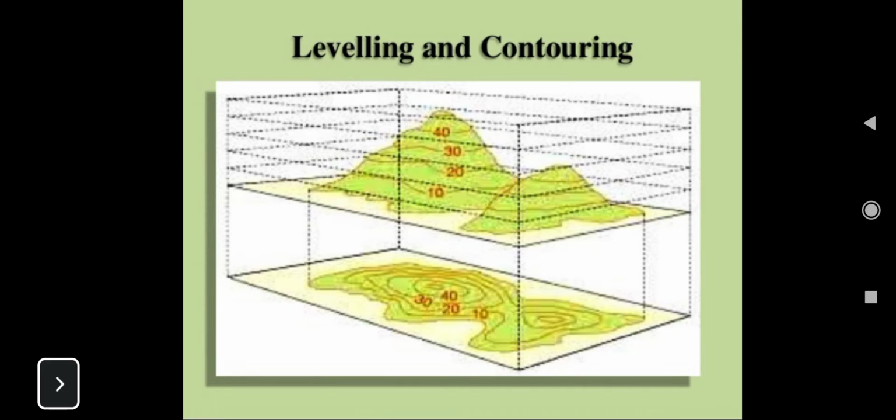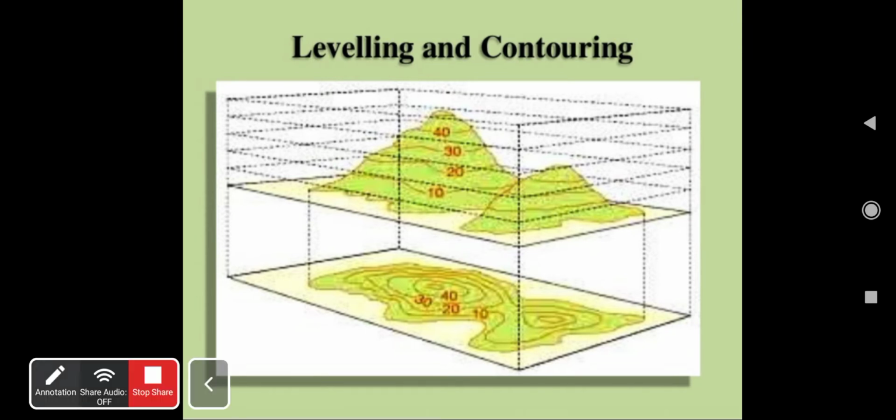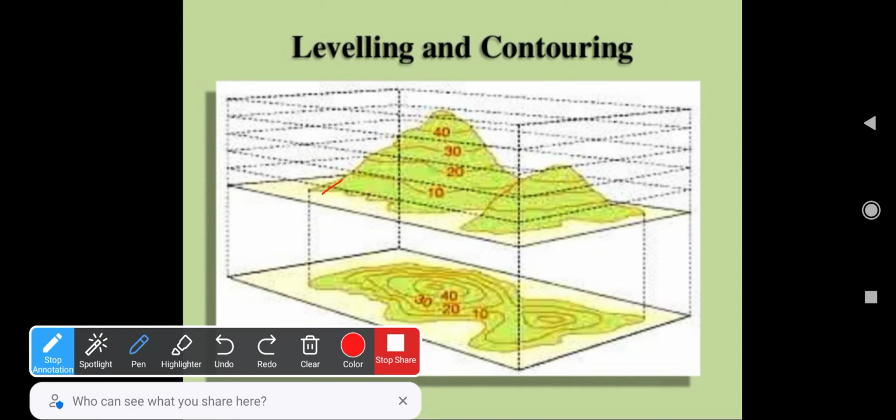In labeling and contouring, you can see different heights in this mountain. This is one mountain where the area has been divided into 10 feet intervals: from 0 to 10 feet, then 10 to 20 feet, 20 to 30 feet, 30 to 40 feet, and like that it goes on. In the area designed at 40 feet, how much mountain area is it covering?